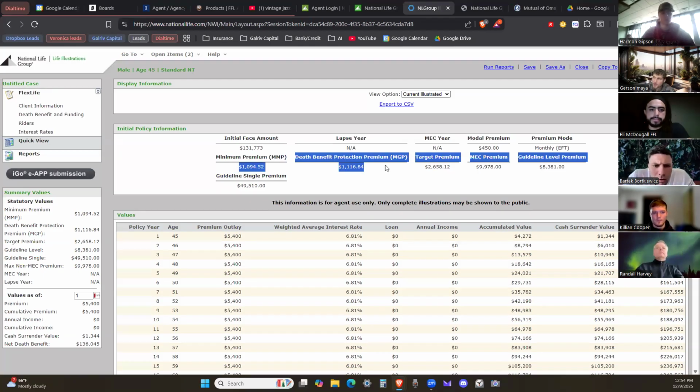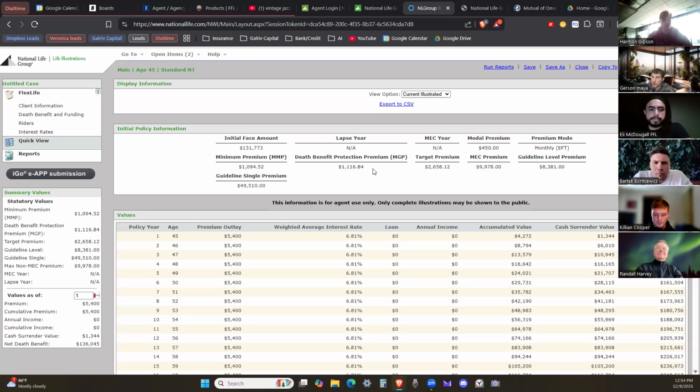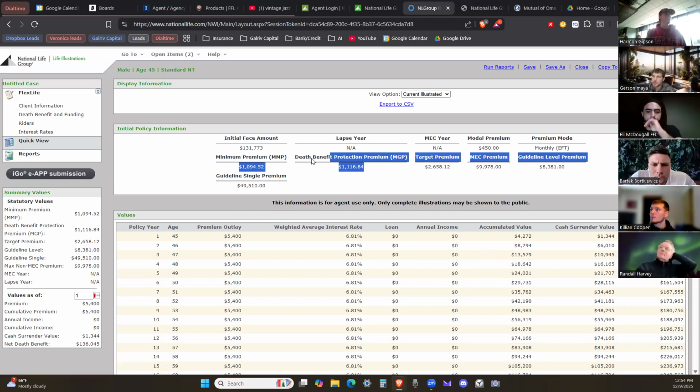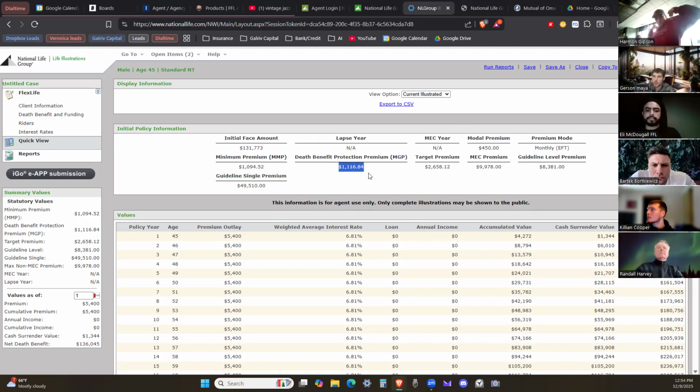I tell the clients the minimum guaranteed premium because I'd rather they put that in and have no lapse guarantees if the cash value is ever negative. So I'll tell them this is the minimum premium you want to be putting away into the policy, the MGP, but you're able to put in up to the MEC premium, the maximum.